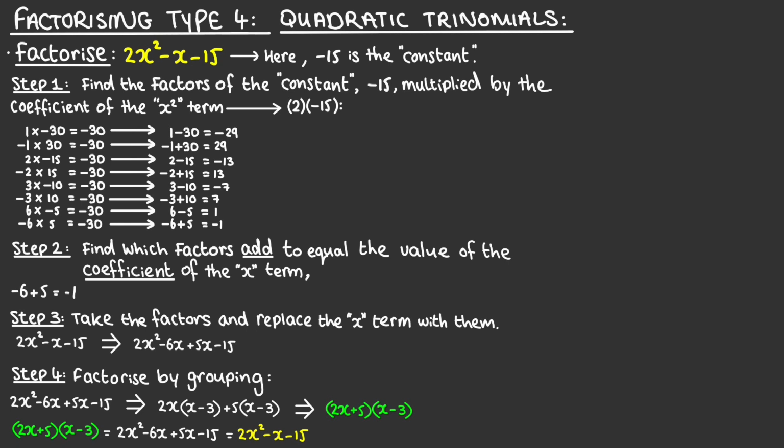So we have proved that factorizing 2x squared minus x minus 15 leaves us with 2x plus 5 multiplied by x minus 3. And as I always say, this is because factorizing is the reverse process of expanding out brackets. So if we re-expand out these brackets, we should end up with the original trinomial that we started off with.